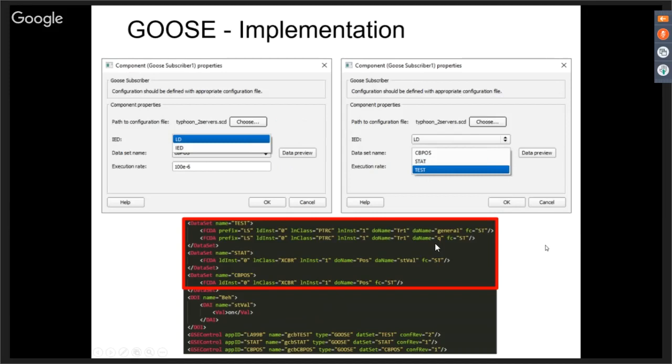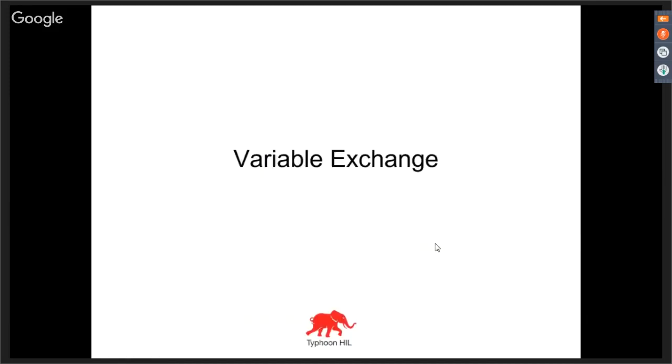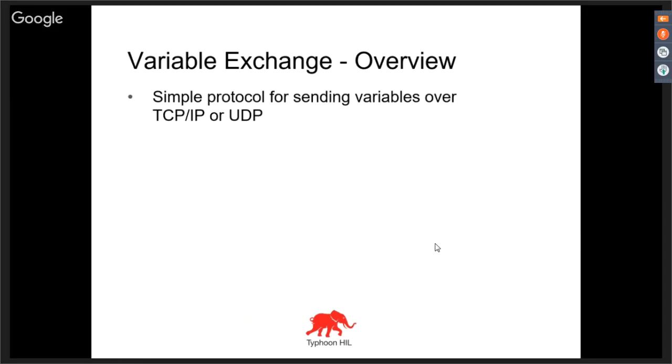Okay, so going to the next protocol, which is variable exchange. This is not a standard protocol. This is something implemented in Typhoon HIL, but it's a simple protocol for sending variables over TCP/IP or UDP. It's a server-client based application.